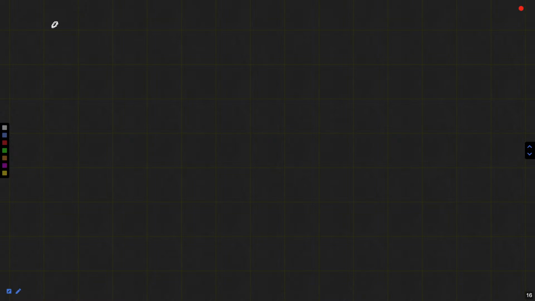A vector is equal to 2 I cap plus 3 j cap plus k cap, and B vector is equal to 6 I cap plus 2 j cap plus k cap. What is A cross B? Please solve this question. What is A cross B?